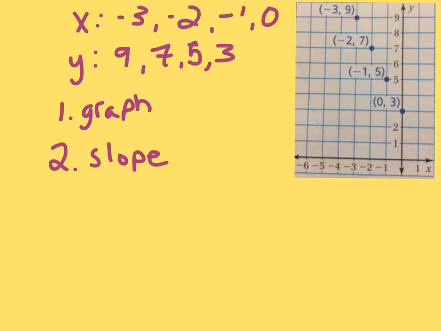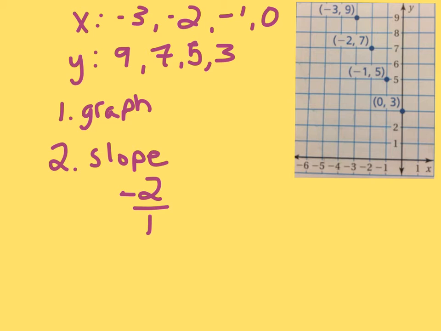Since I have to go down, it's going to be negative 2. And my run, how far do I have to run? I have to run 1 to the right, so that's going to be a positive 1. So that's my slope.